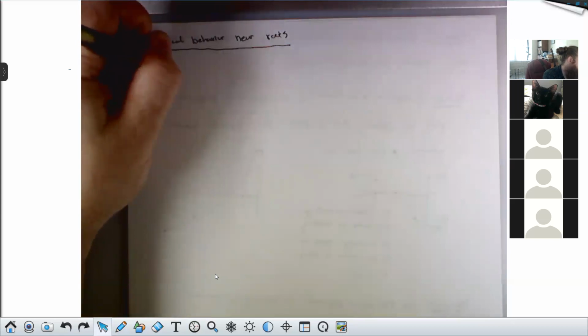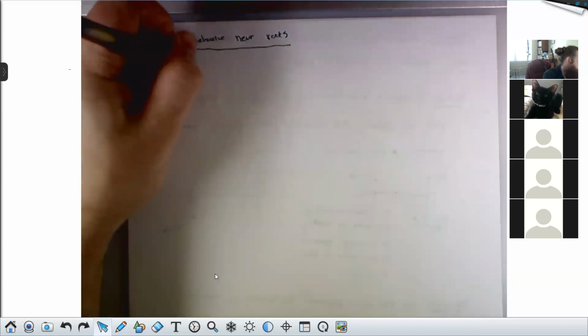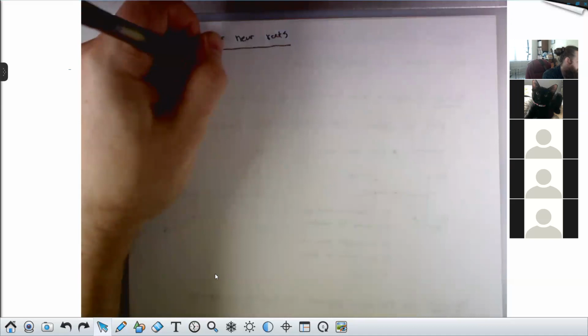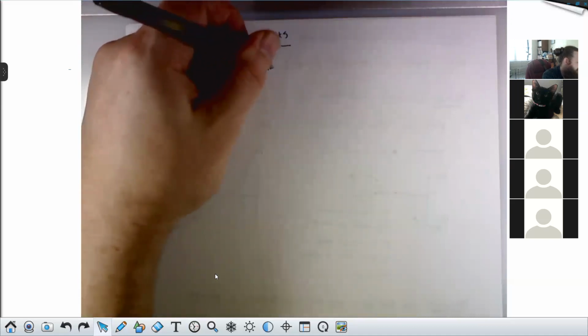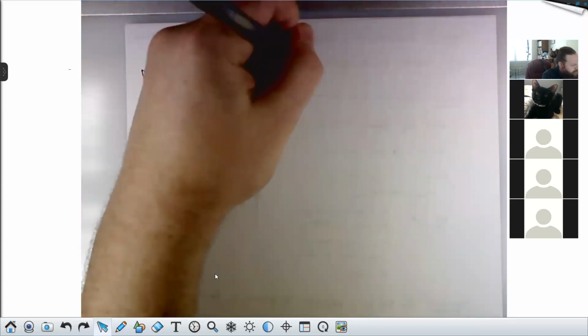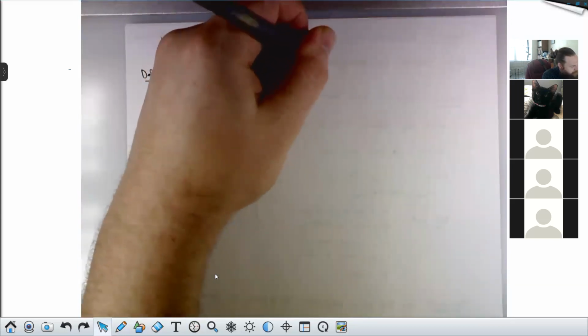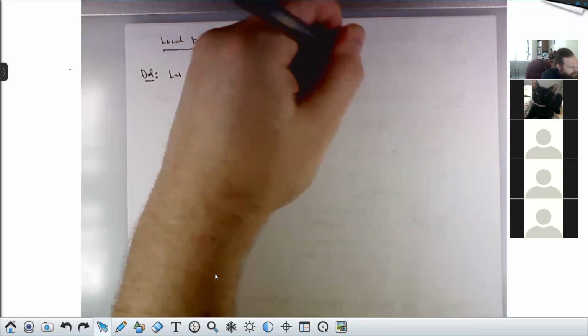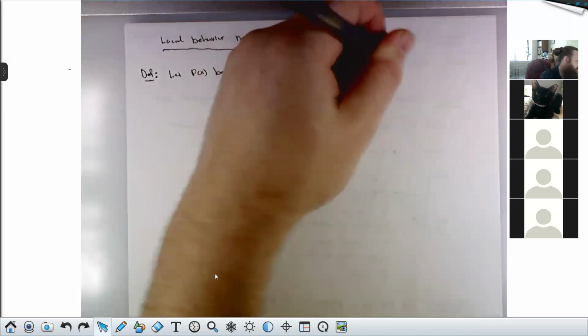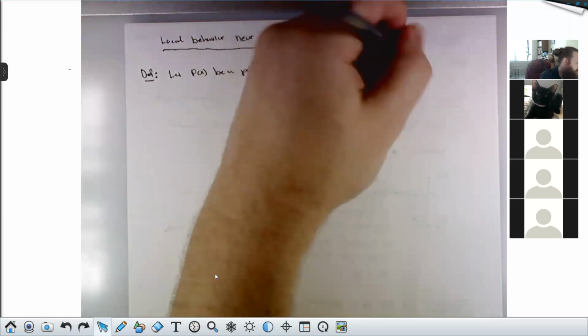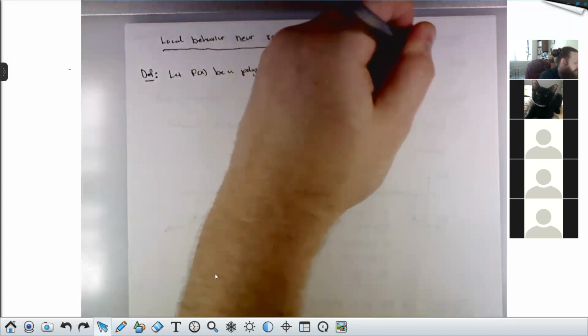So let p of x be a polynomial, and suppose p of x can be written as x minus c to some power m times some other polynomial q of x.